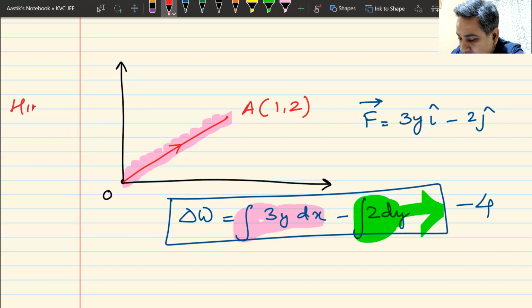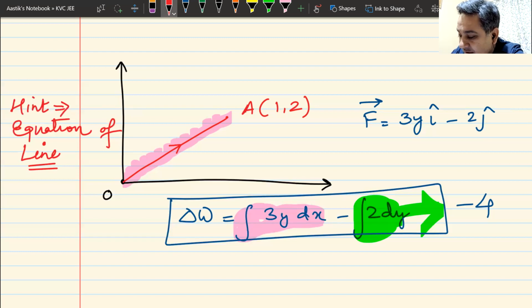Hint: equation of line. What line, which line, God knows. You have to think about the equation of line.